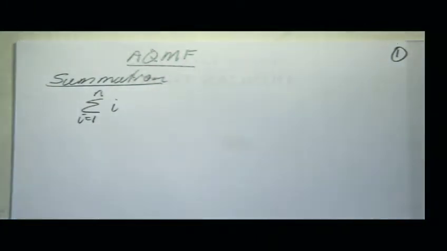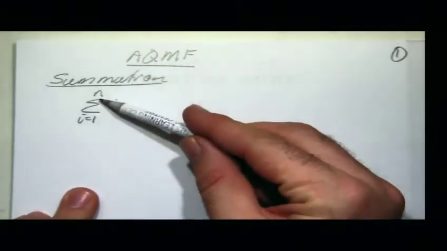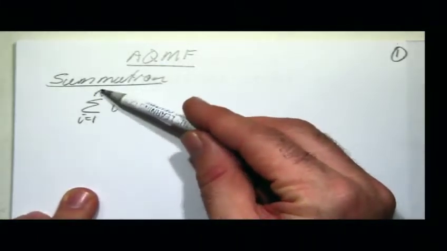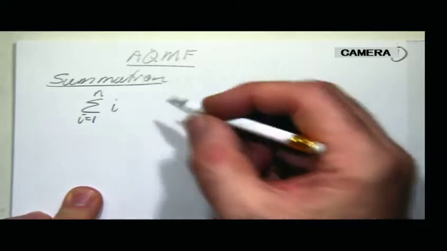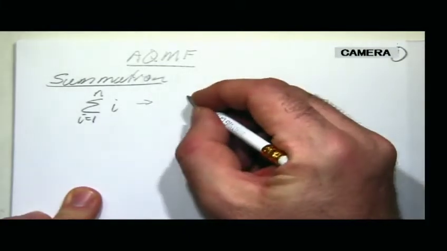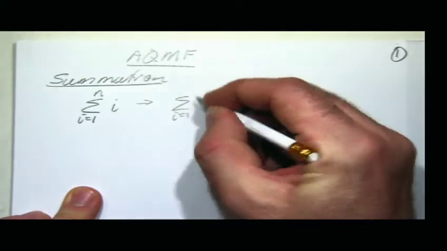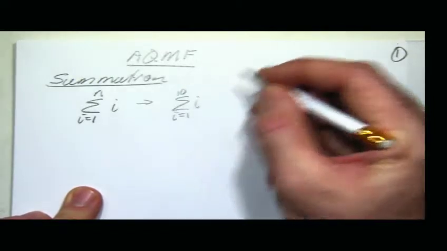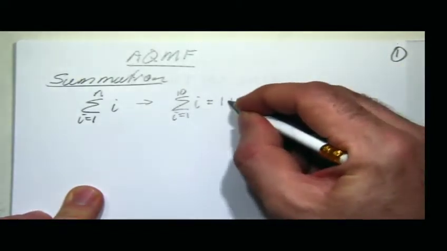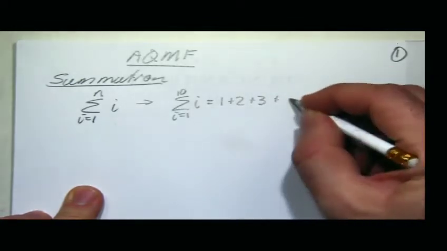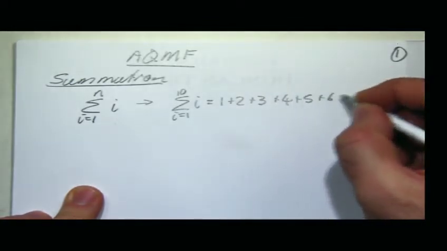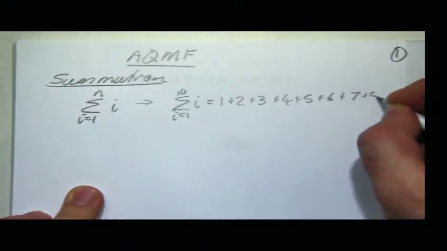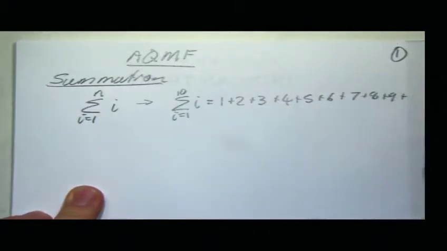One of the first pieces of advice I have when you get this sort of thing is know what the notation means. Literally we read this as the sum of i from i is equal to 1 to n. If we get a particular example, sum i is equal to 1 to 10 of i, that literally means 1 plus 2 plus 3 plus 4 plus 5 plus 6 plus 7 plus 8 plus 9 plus 10.